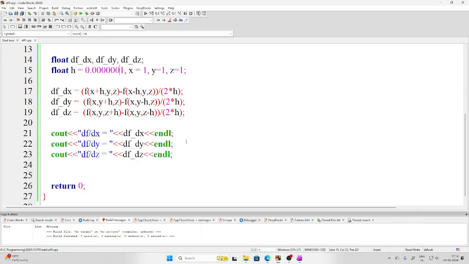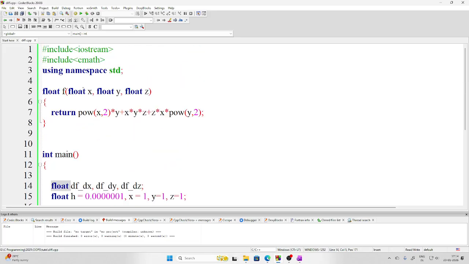So now one question you must be thinking: we have increased the precision so much, but still we are not getting the exact answer. The reason is not only because of this h, but because of the variable choice. Now what if, instead of float, you take double?